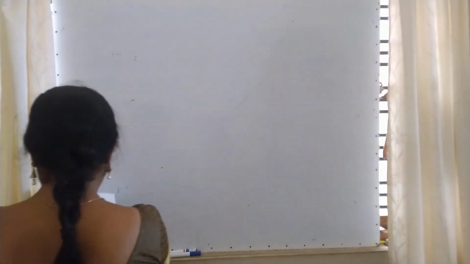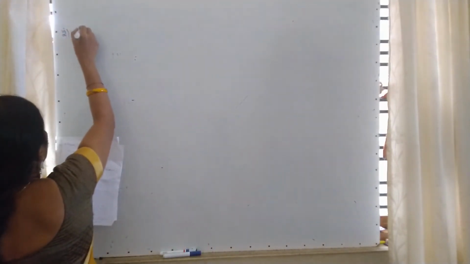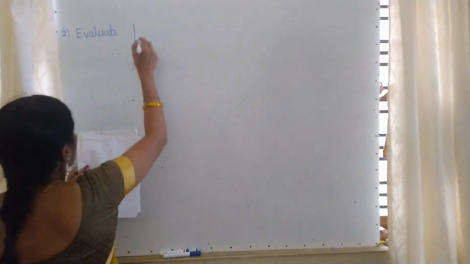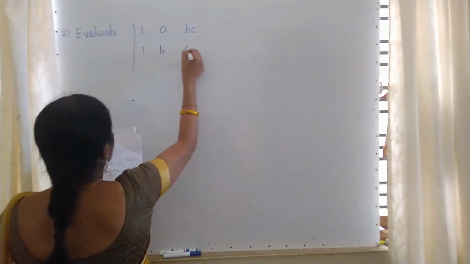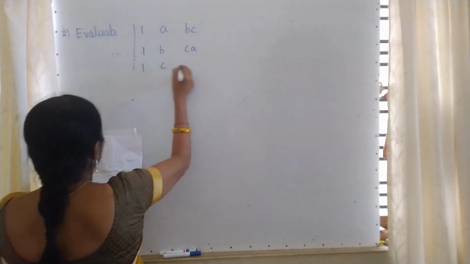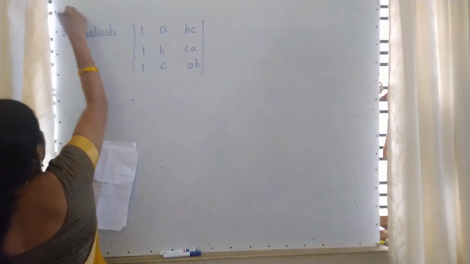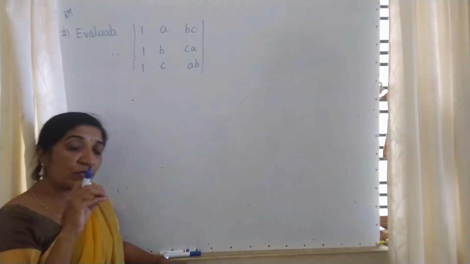Moving to the next example. Write down. 1 A B C, 1 B C A, 1 C A B. These type of examples are for 4 marks in part E. So here if the question is prove that or show that, it is very simple and we know what we have to get.